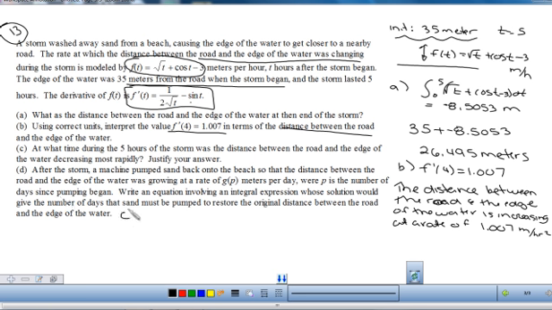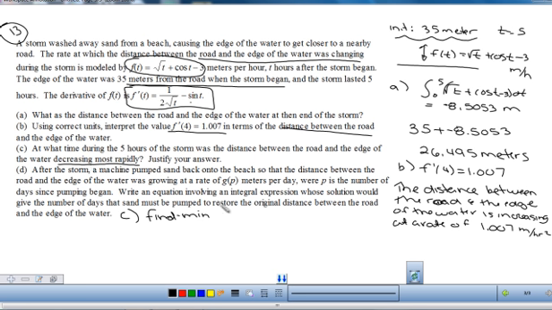Okay, so part C. At what time during the 5 hours of the storm was the distance between the road and the edge of the water decreasing most rapidly? In order to do this, we need to find the minimum. So we want to know at what time the distance between the road and the edge of the water was a minimum.